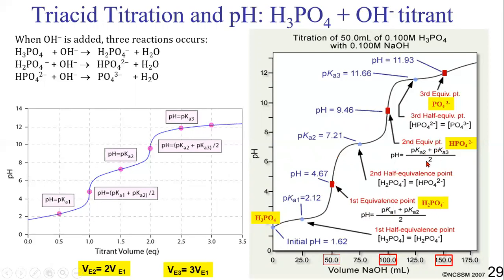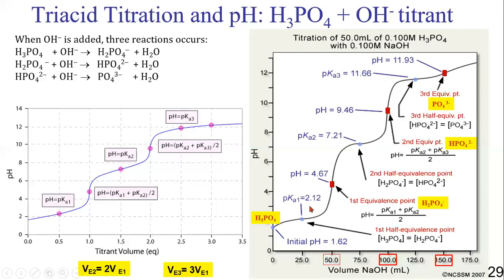Now here at the second equivalence, the pH is going to be equal to pKa2 plus pKa3 divided by 2. So watch out for the pKa values. It's just a tad bit harder than diprotics because you have to think about which pKa values to use.